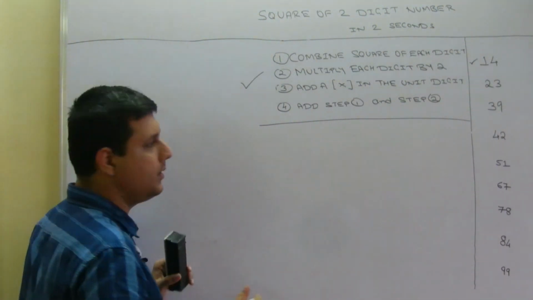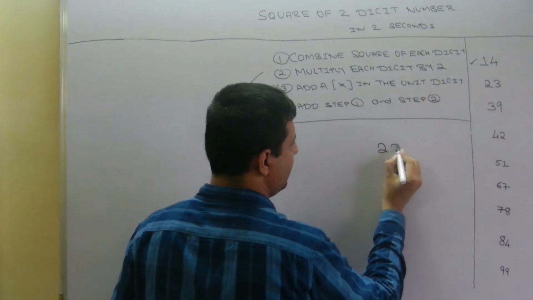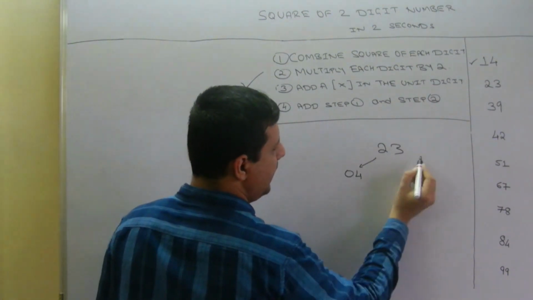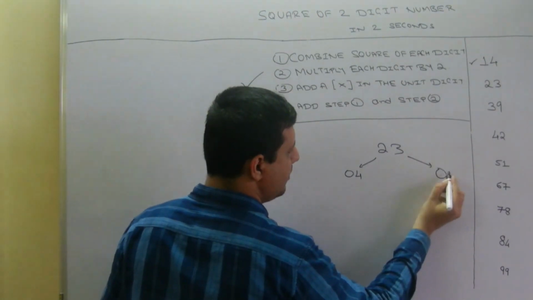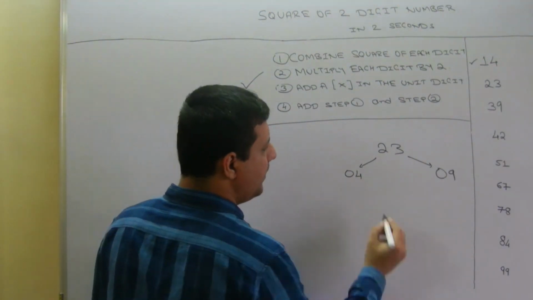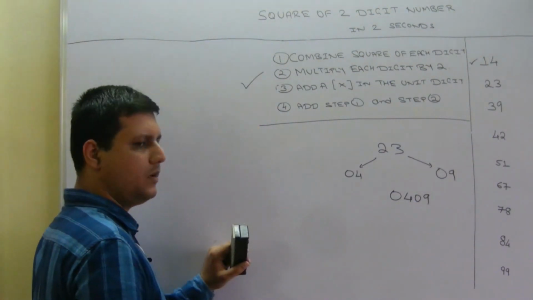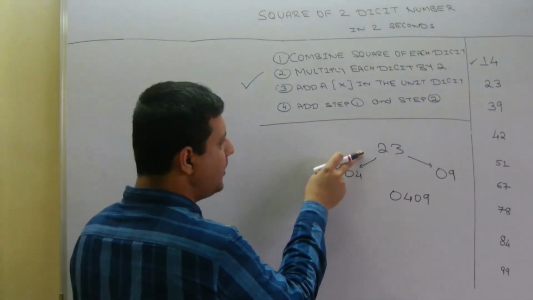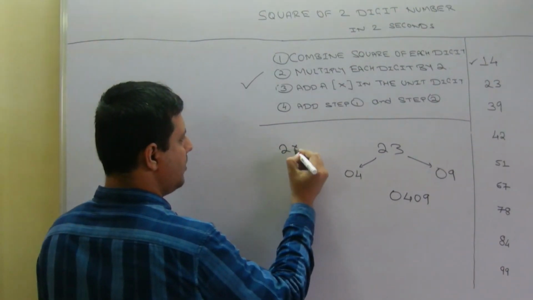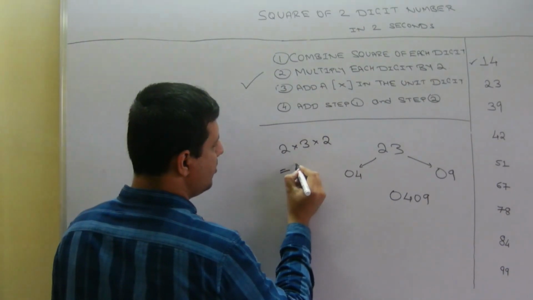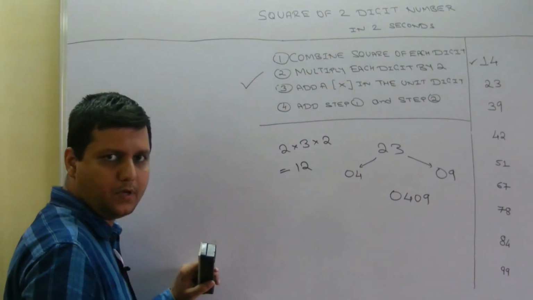We have 23. Square of 2 is 4 and square of 3 is 9. Combining them, we get 49. Now multiplying both the digits by 2, we have 2 into 3 into 2, which will give me 12.